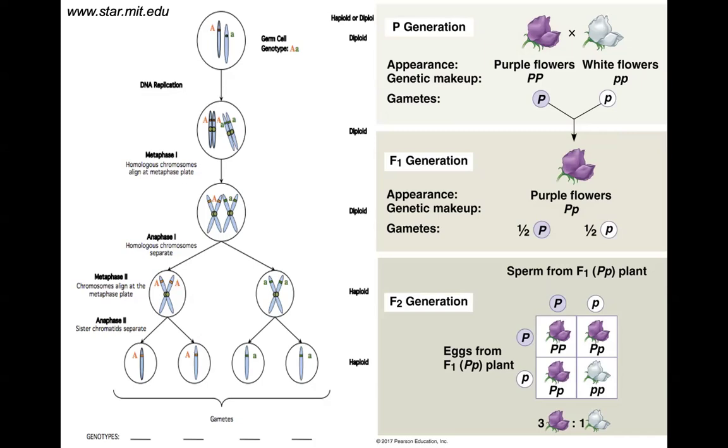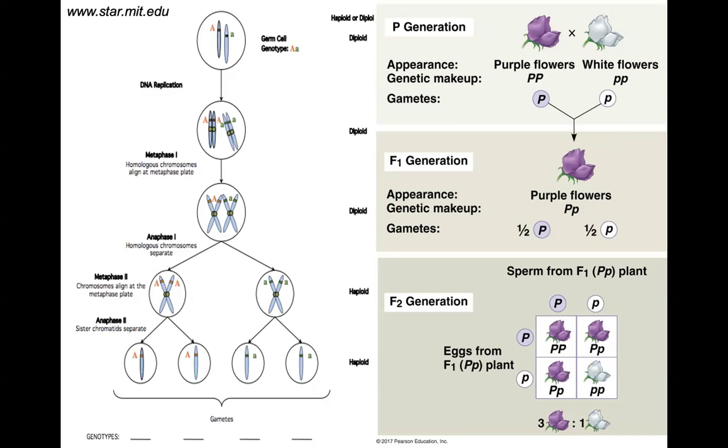We are still considered to be in the diploid state because we have both dominant and recessive alleles within the cell. We can see that we've got an original and a copy, so we have two big A copies as well as two little a's. This is going to undergo the first round of division, meiosis 1.